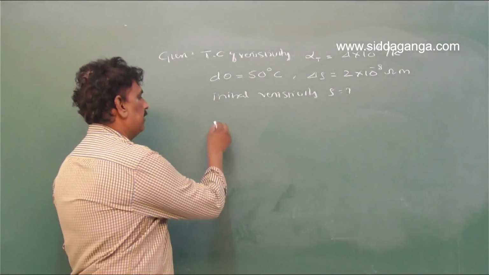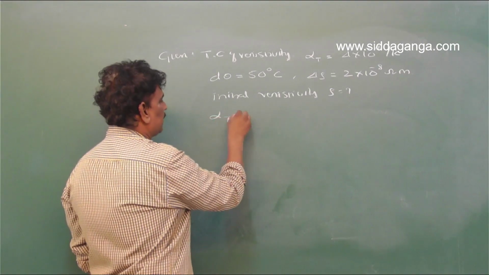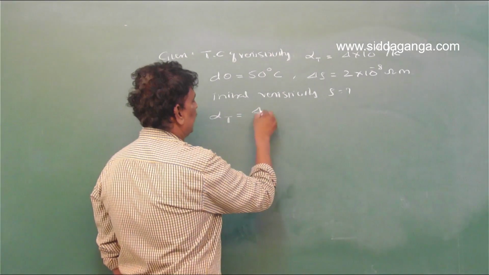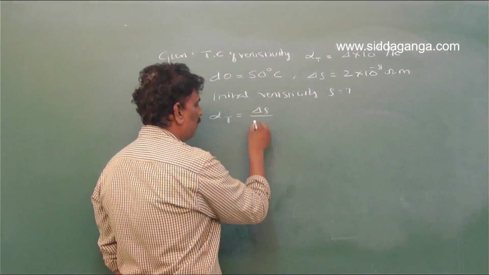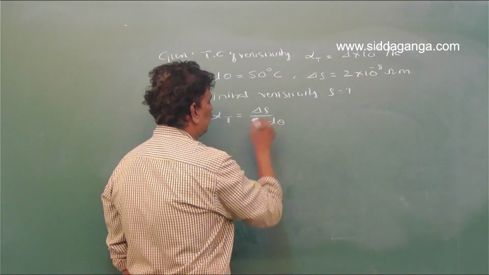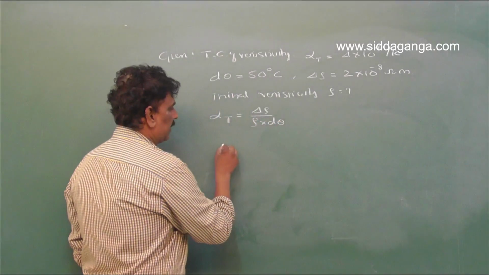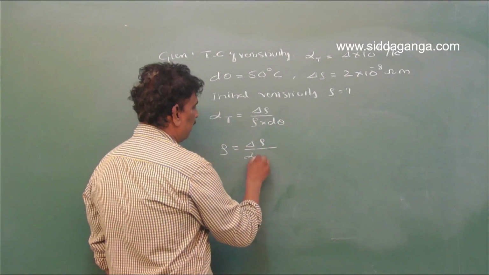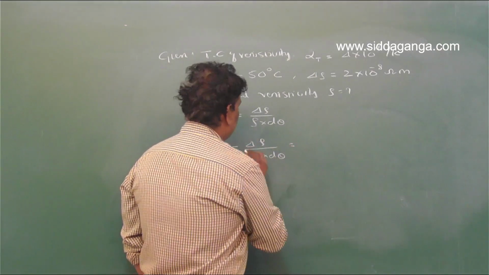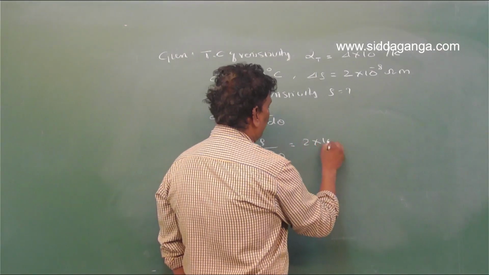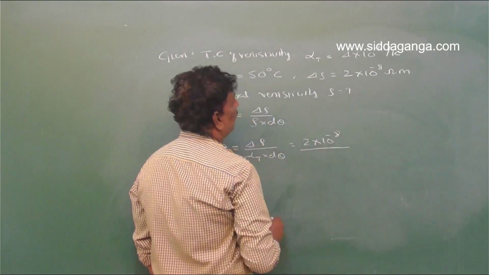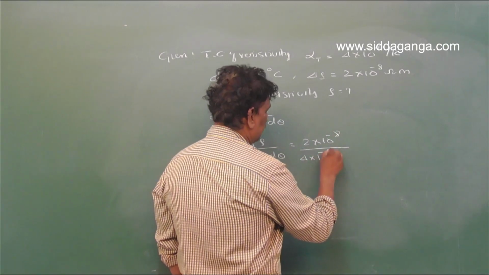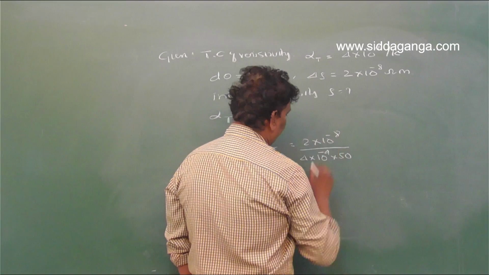Now, we have the formula for the temperature coefficient of resistivity: alpha T is equal to the change in resistivity delta rho by the original resistivity into d theta. That means rho is equal to delta rho by alpha T into d theta. That is, 2 into 10 power minus 8 divided by 4 into 10 power minus 4 into 50.